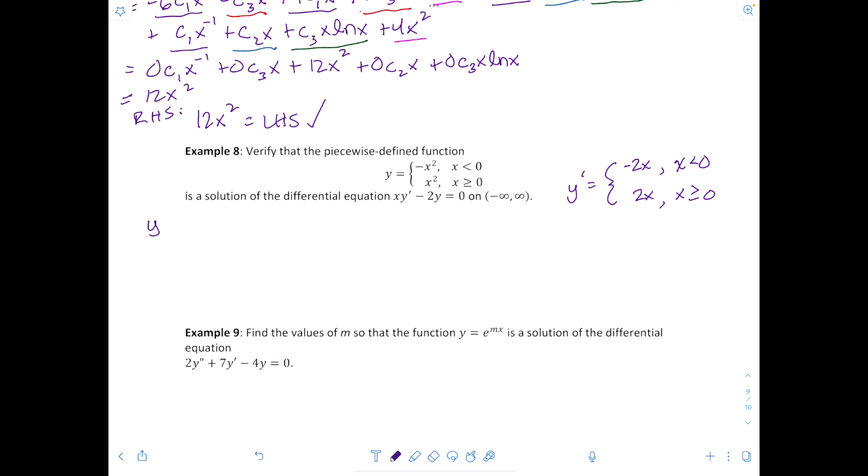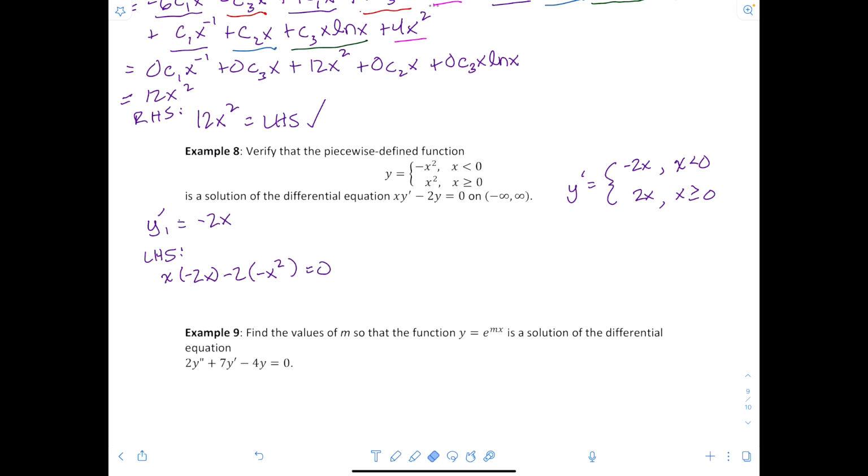So let's do y prime 1 equal to negative 2x. So we'll have the left-hand side is x times that first y prime, which is negative 2x, minus 2 times y, well, the y that goes with that one is negative x squared, is equal to 0.